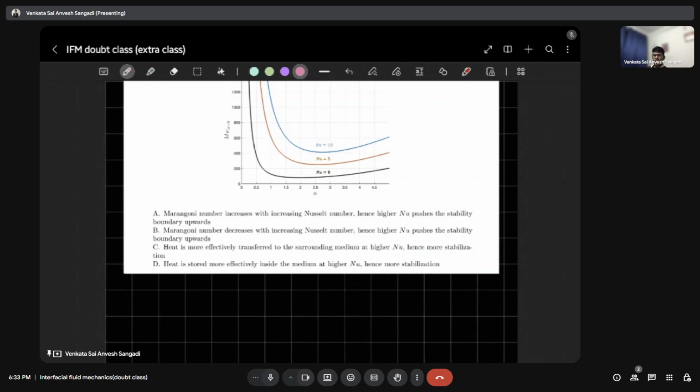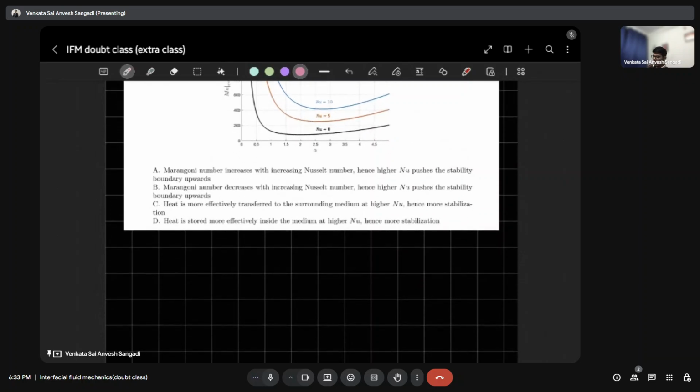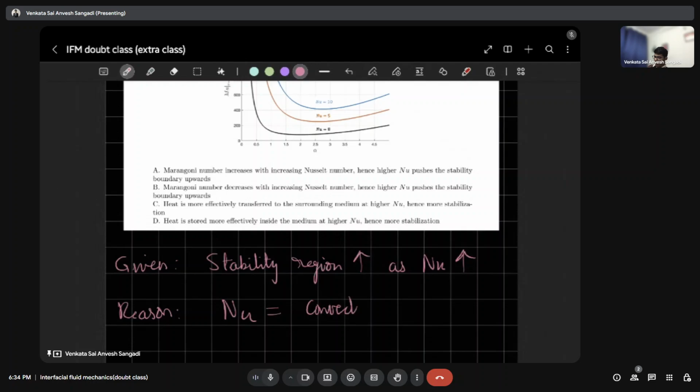So we can say that the stability region increases as Nusselt number increases, and the reason is Nusselt number is equal to convective heat transfer rate by conductive heat transfer rate.